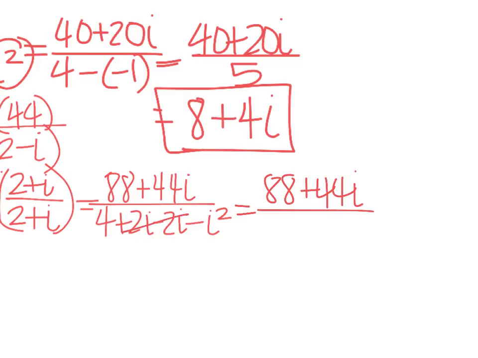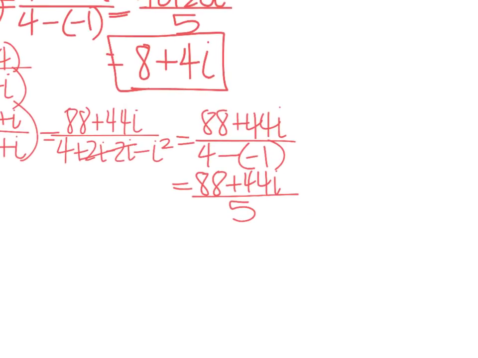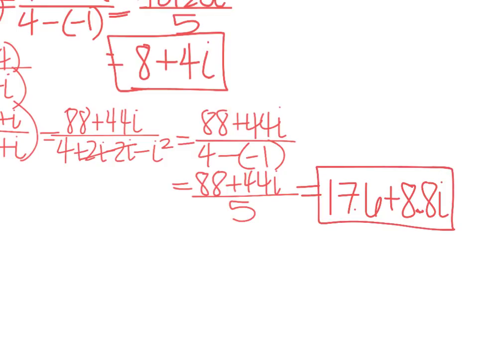Those cancel out, and we're left with 4 minus i squared, which we replace with negative 1. So we get 88 plus 44i all over 5. Now we still want to simplify this, so we plug it into our calculator, and 88 divided by 5 gives us 17.6, and then 44 divided by 5 gives us 8.8i. And that would be our final answer for part B.